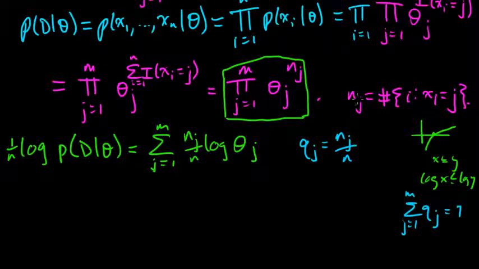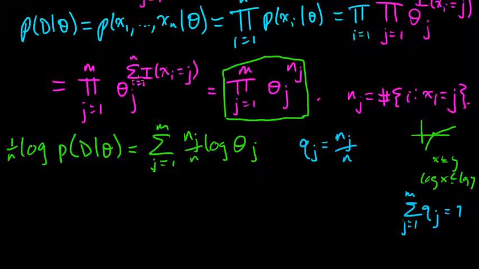Because if we sum the nj's over j, well, maybe it's easier here. nj is this sum by definition, and if we sum this over j's, we can switch the sums, move the sum over j inside, and every xi is equal to j for some j, and only one j, so that's just 1.